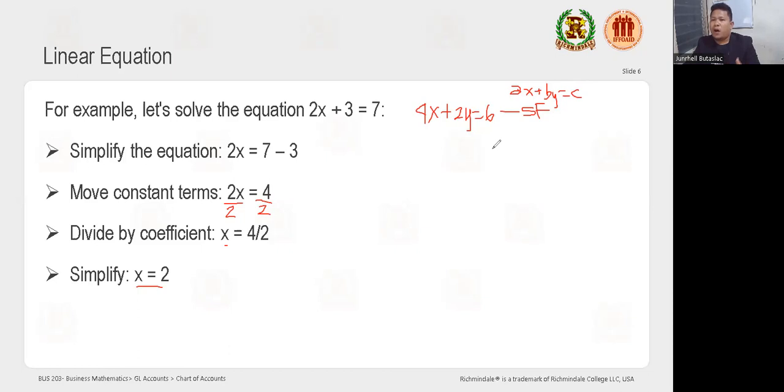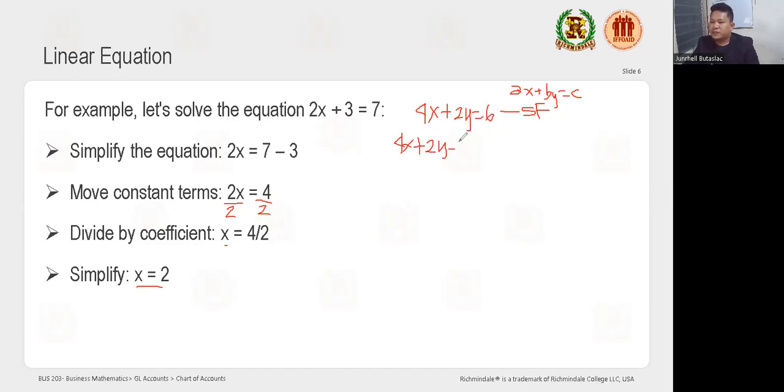So how are we going to transpose this to make it into general form? Simply by following ax plus by plus c is equal to 0. So it will be like 4x plus 2y minus 6. Take note that as you can see here, it's positive 6. So if we transpose this to the other side, it will become negative.